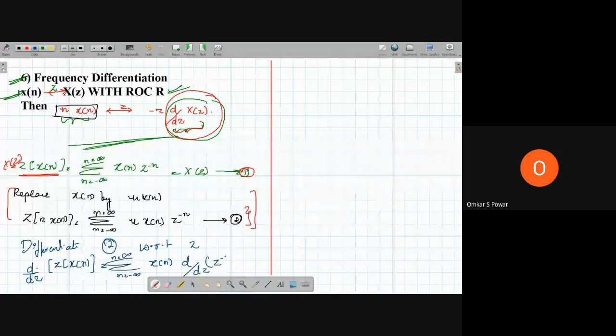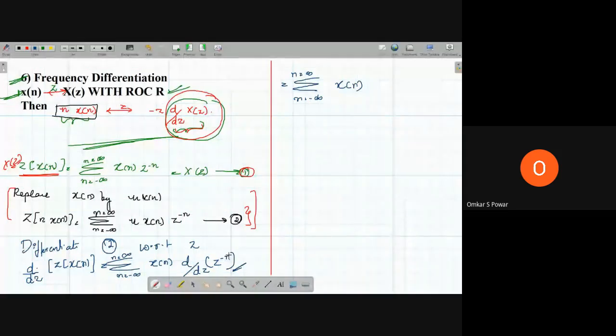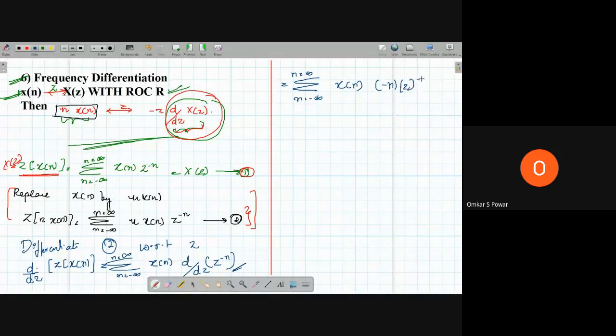So differentiation of z to the power of n is n z to the power of n minus 1. Using that, we can solve this one step by step. So right hand side, summation n varies from minus infinity to infinity x of n, differentiation of z to the power of minus n gives minus n z to the power of minus n minus 1.